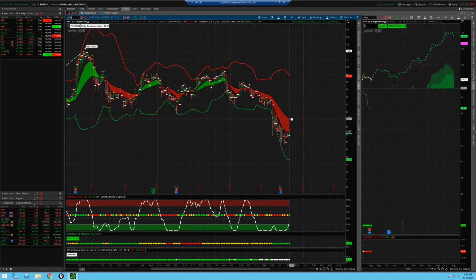Or if it comes up, breaks through, and the cloud turns green, then you can look forward to it heading back higher. So Bill, someone like you that got most of my stuff, you would have looked for a short play on this Laguerre. You'd be in the trade still. You might have taken some profits here, but there's no reason to fully exit this trade yet unless it breaks through that cloud.